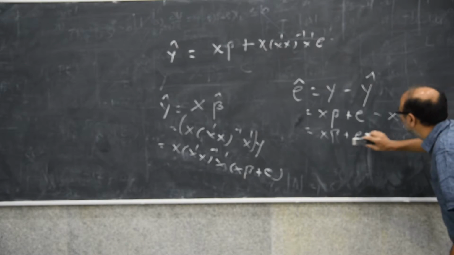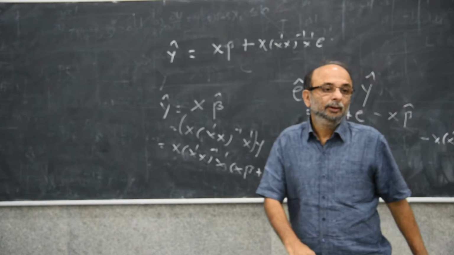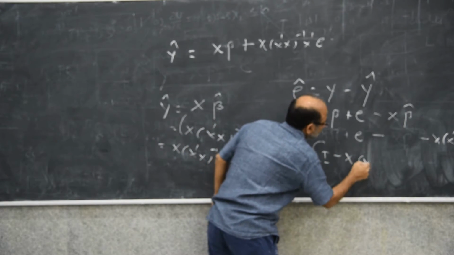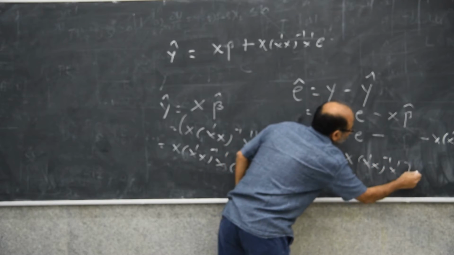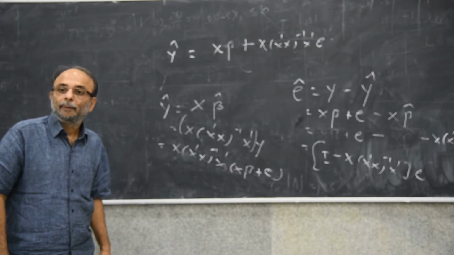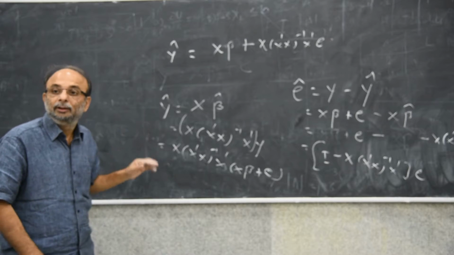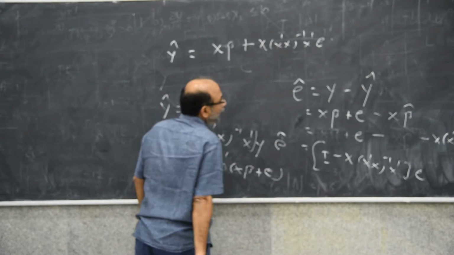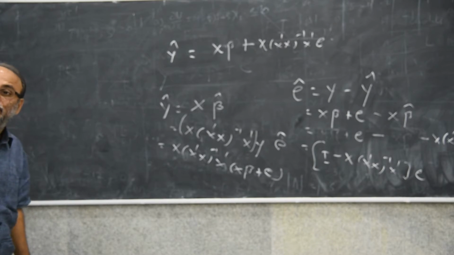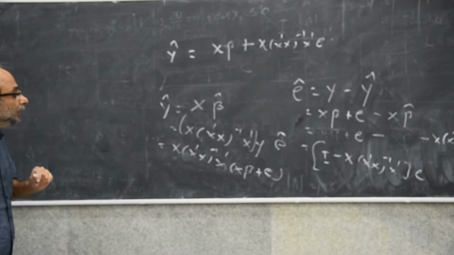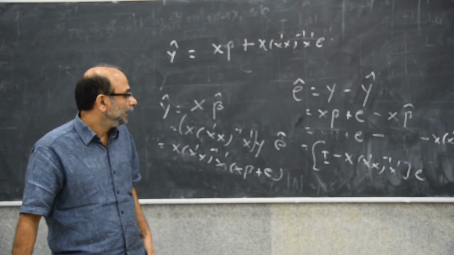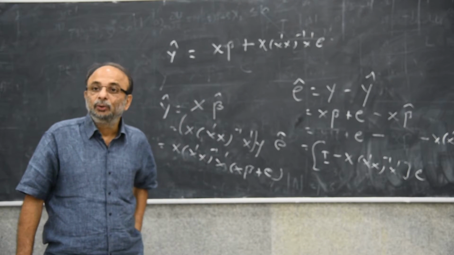Now this x beta will cancel, and this can be written as the identity matrix minus x into x dash x inverse x dash, taking the e out. So e hat is equal to I minus x into x dash x inverse x dash, into e. Now, let's understand what this matrix is.